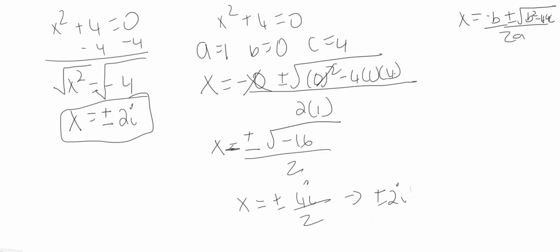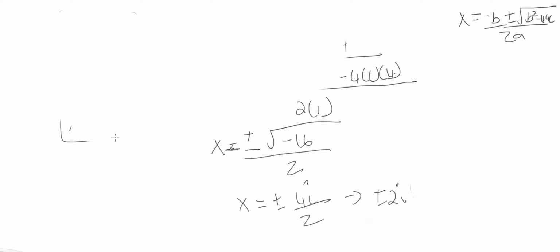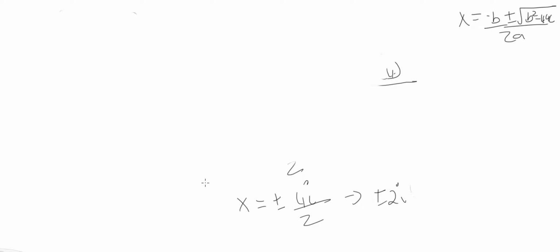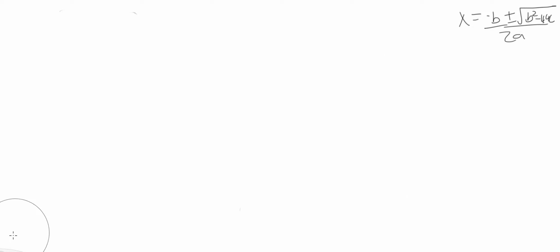All right, let's do one of these where we need to simplify our square root, so I can show you what to do when it's not a perfect square root. So if you try to factor something like this, you're not going to get an answer.